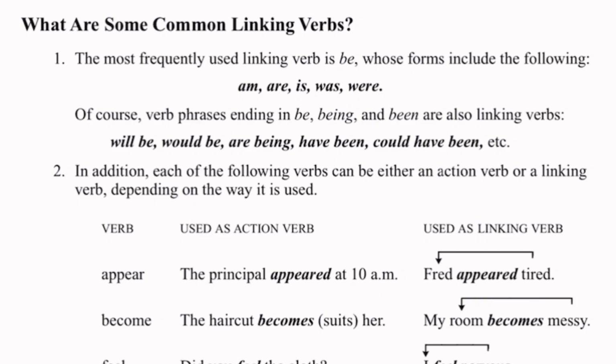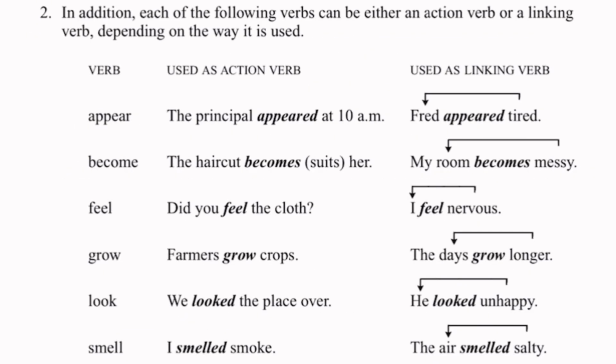We know the meaning of a word in context. How is it used? Because one word can be used as a noun, and in another sentence it is used as a verb or as an adjective. So that's what they are saying here.